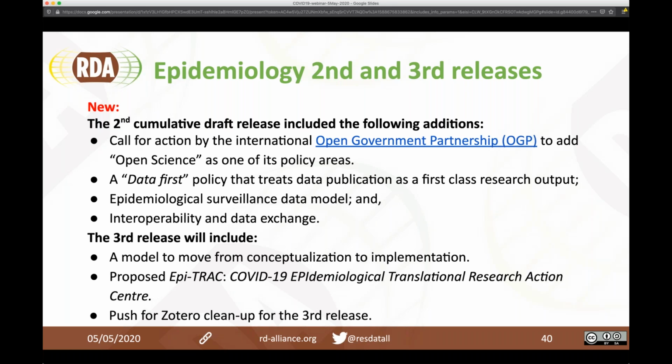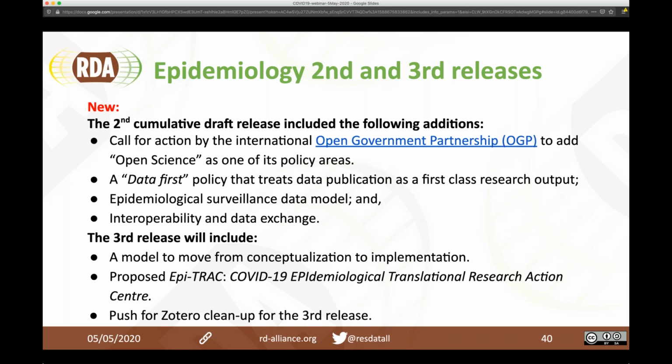We know that some countries do make open science commitments and they appear in the OGP, but the OGP itself does not have open science as one of its official policy areas. We're also calling for a data-first policy within organizations with respect to research scientists that treats data publication as a first-class research output, equal in value for promotion and things like that, to traditional peer-reviewed articles.